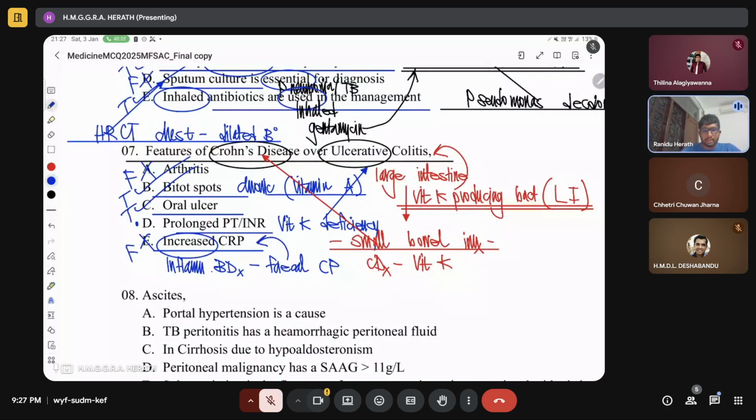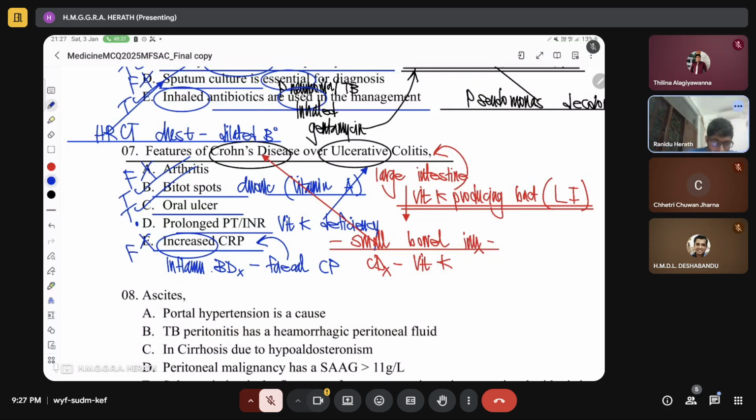PT/INR elevation is caused by ulcerative colitis and Crohn's disease separately. So apparently both diseases can cause elevation of PT/INR.